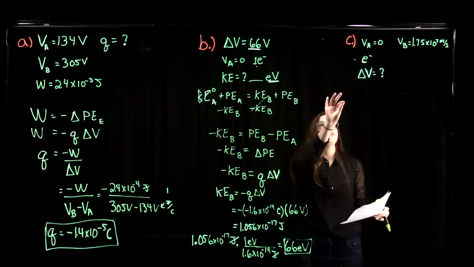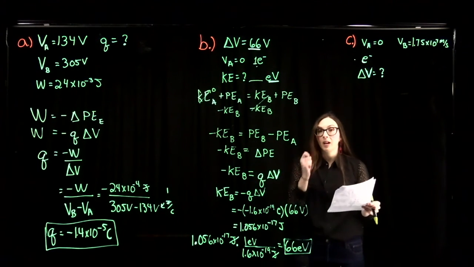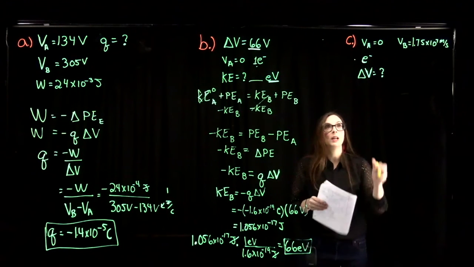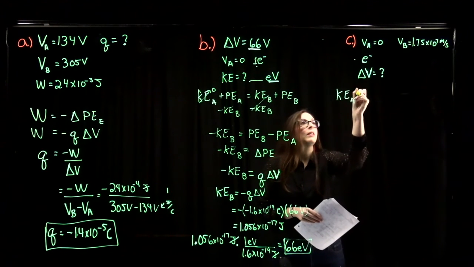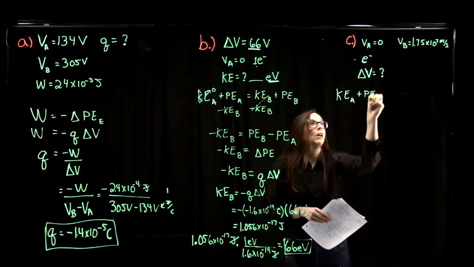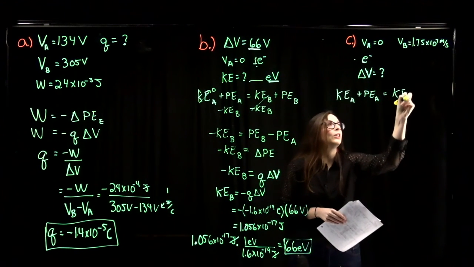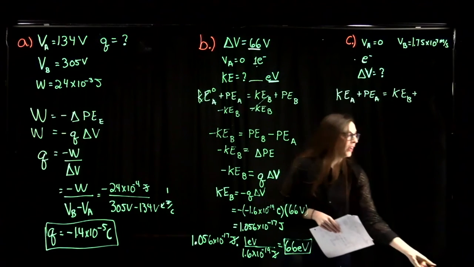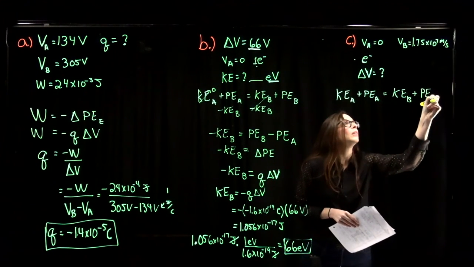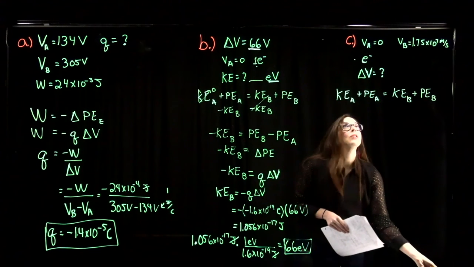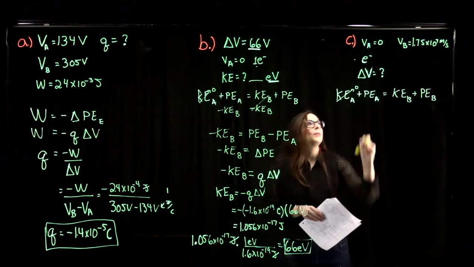Now, in order to solve this problem, I'm also going to think about the conservation of energy. So we'll have our initial kinetic energy plus our initial electric potential energy equals our final kinetic energy plus our final electric potential energy. Now, we start from rest, so our initial kinetic energy is 0. Okay.